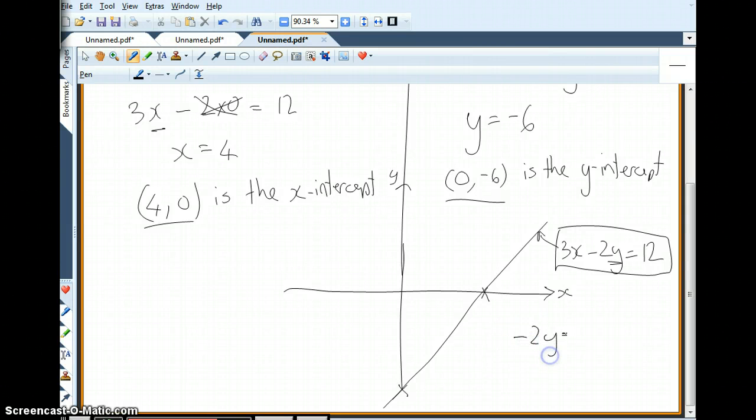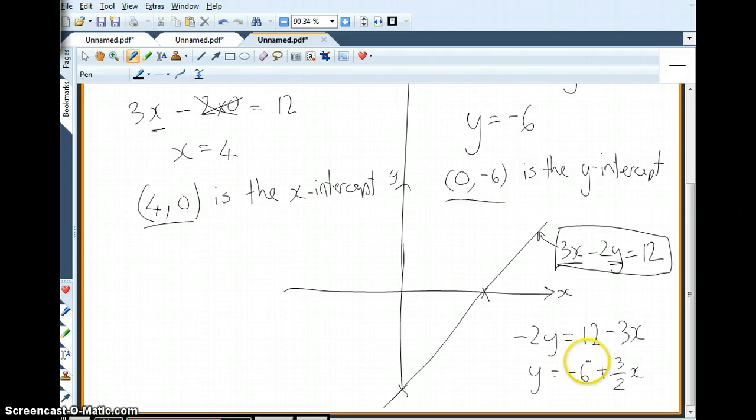Minus 2y equals 12 minus 3x. Right, I just shifted the positive 3x and made it minus 3x on the right hand side. Now I'm going to divide everything by minus 2. 12 divided by minus 2 is minus 6. And then minus 3 divided by minus 2 is actually positive 3 over 2 x.